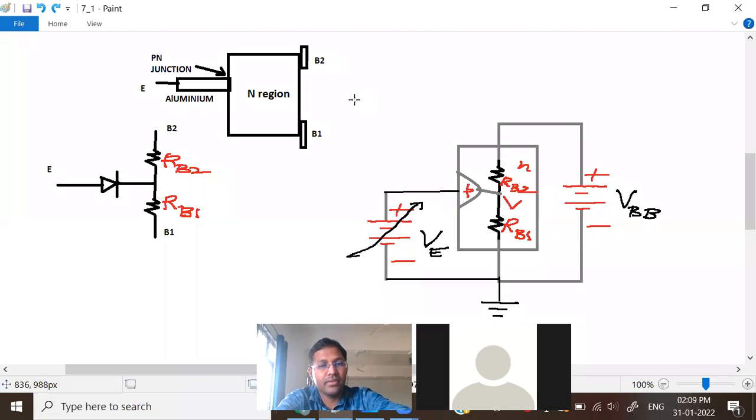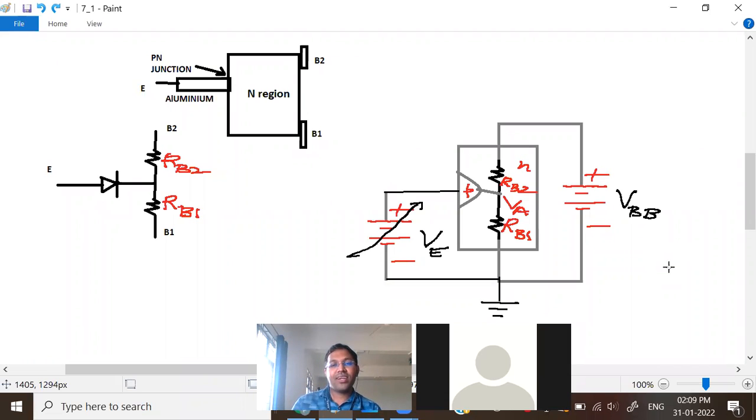And next, let us mark the voltage at this point as some voltage VA.